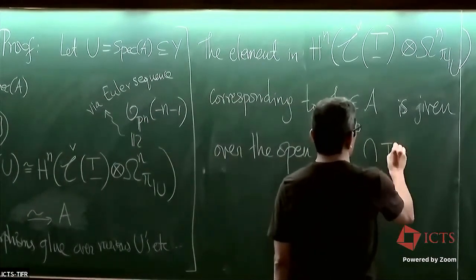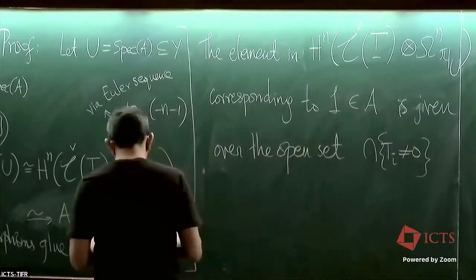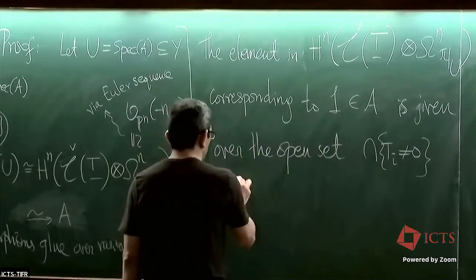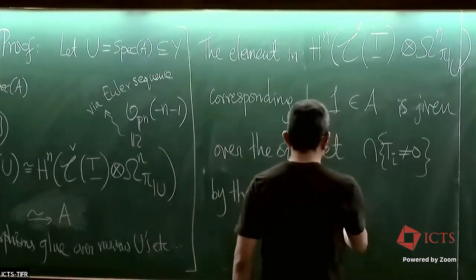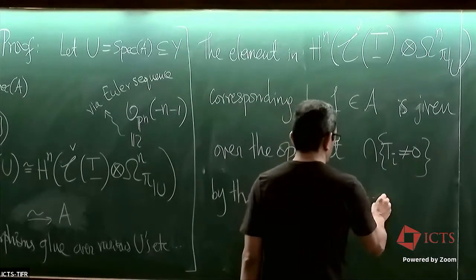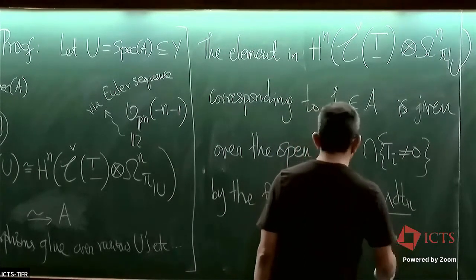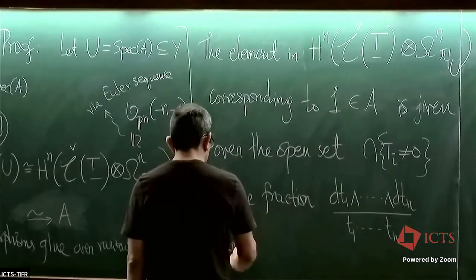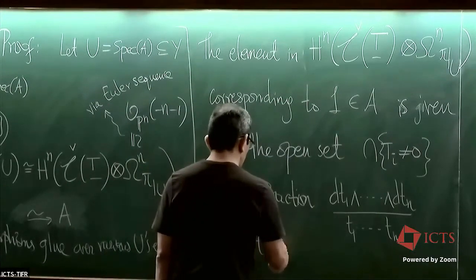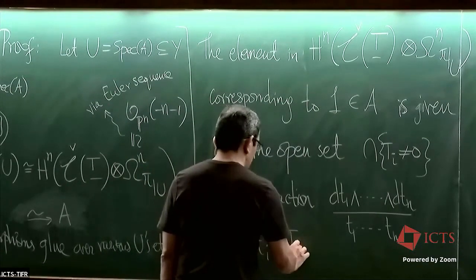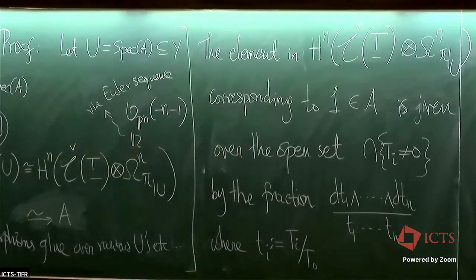So over the intersection, T_i not equal to 0, by the fraction, where we'll make the ad hoc choice of dehomogenizing with respect to the first variable, where T_i is equal to E_i over T_0. But in fact, that actually doesn't matter.